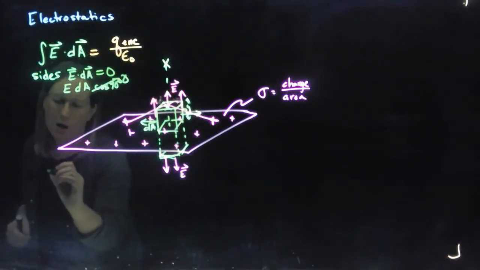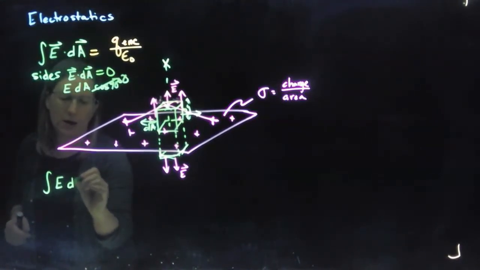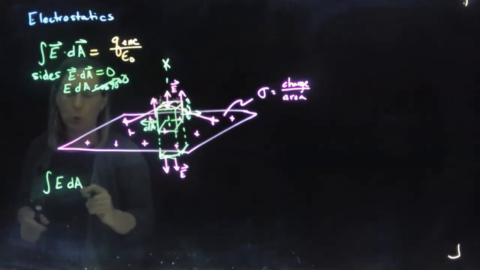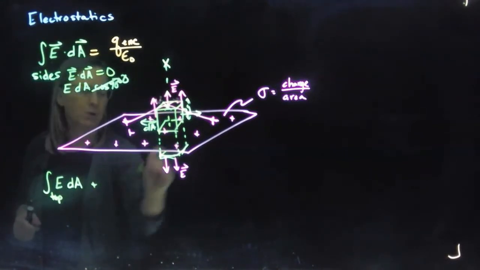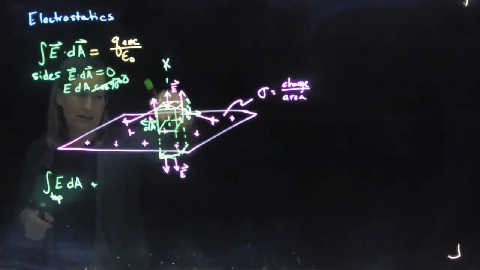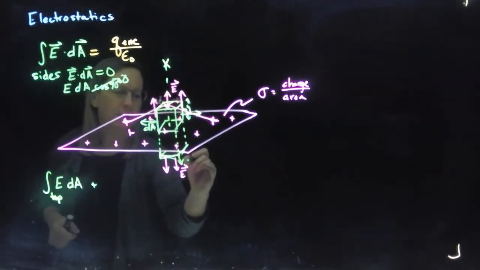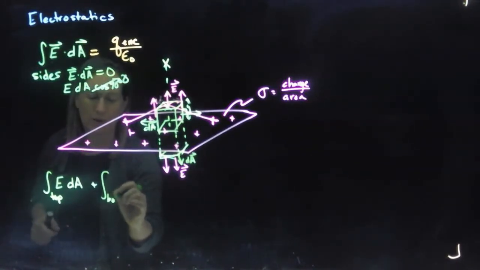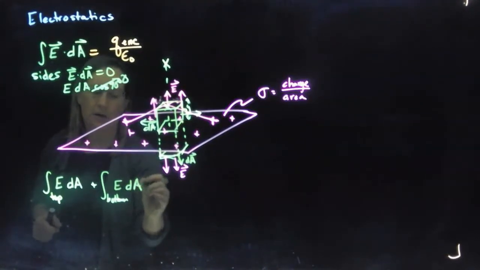So on the top, we have E times dA. dA points up, E points up, so we've got cosine of 0, which is 1 at the top. And then plus at the bottom, notice in this case, E is pointing down. dA, there's our area from the bottom of the box, that's dA. Those both point down. So we also have the same thing on the bottom, E dA.